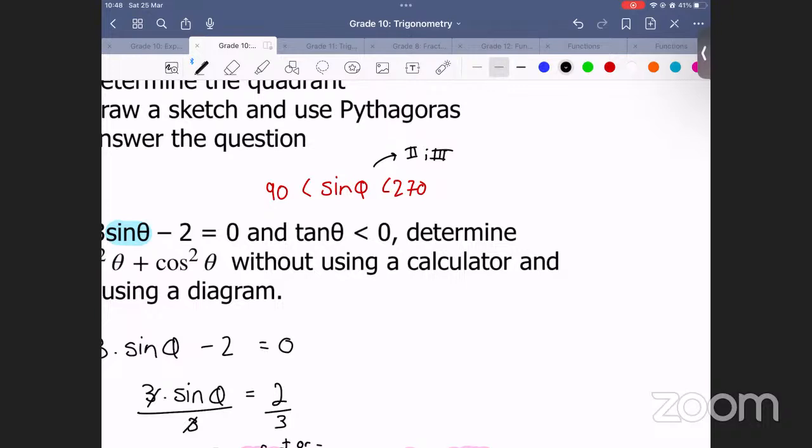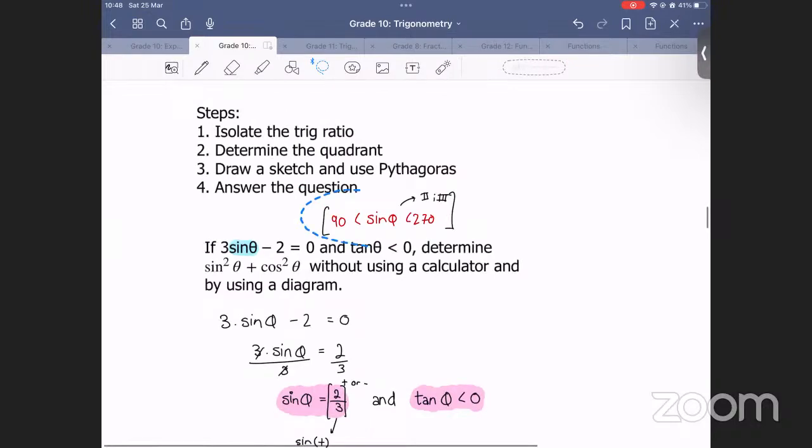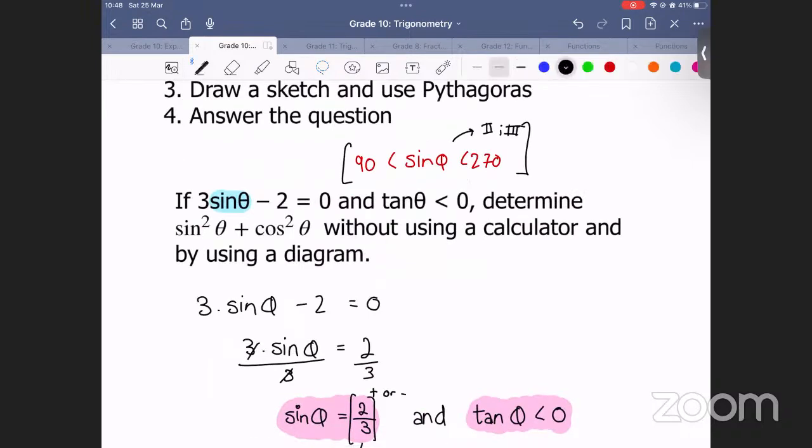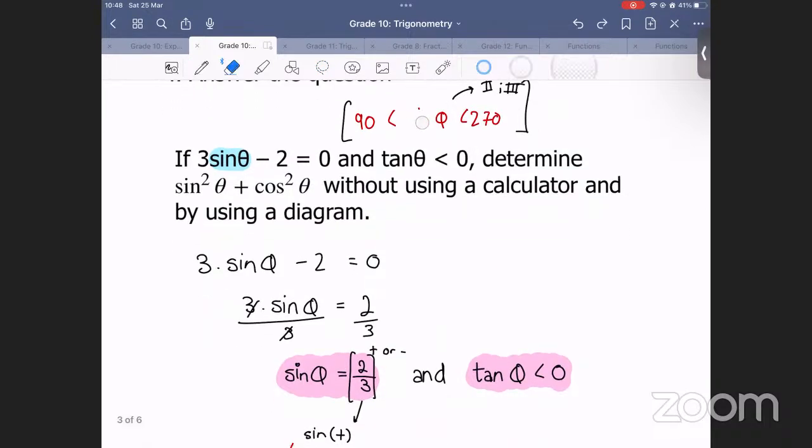It's obviously not in this specific example, but sometimes you're going to get an interval, and it will indicate to you which quadrants they're talking about. They give it as theta is between 90 and 270, something like that. Nevertheless, let's move on.